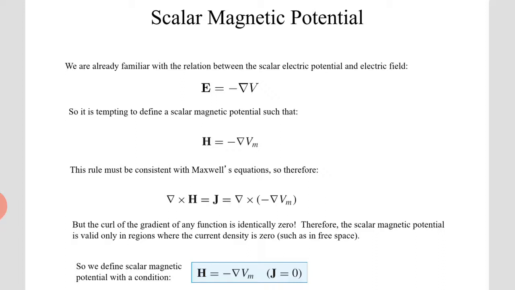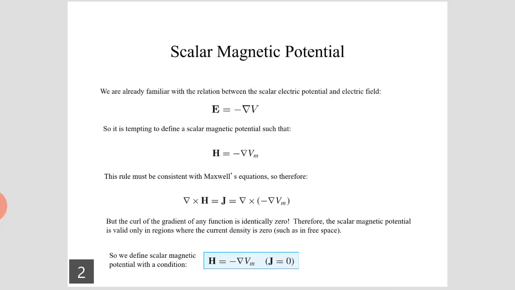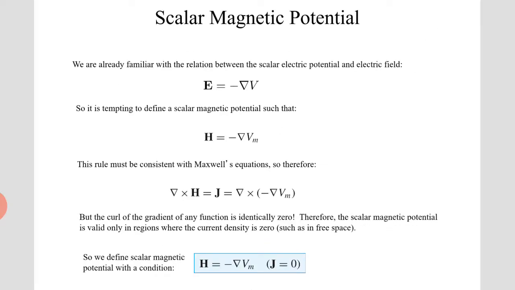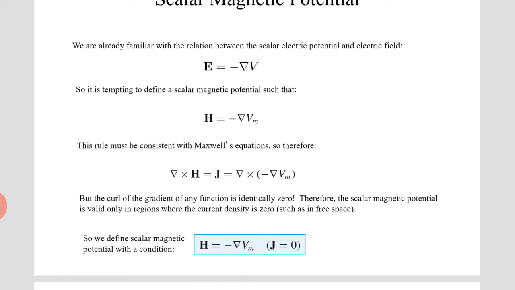So it is tempting to define a scalar magnetic potential such that H is equal to minus del Vm, same as that of scalar electric potential. Whatever the scalar potential is, it must be consistent with the Maxwell equation.